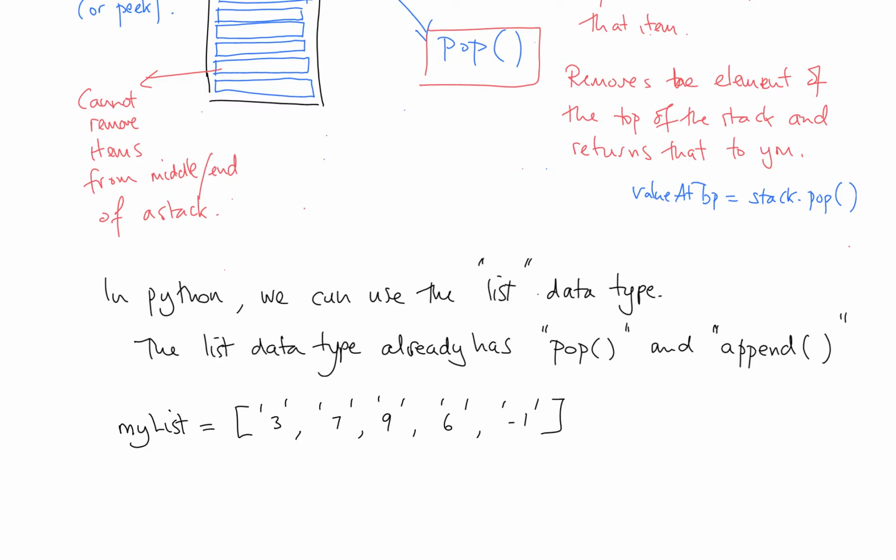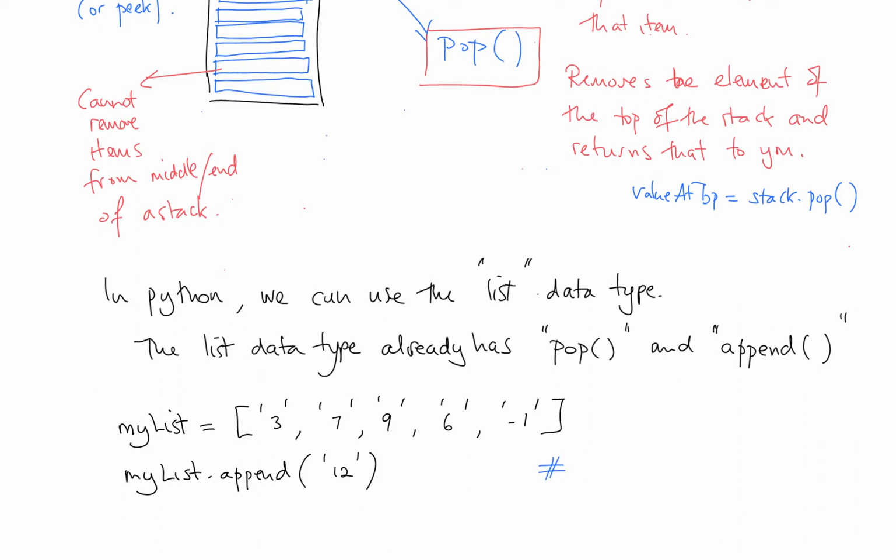Like that. And then I said myList dot append, and I append, let's say, the string 12 on top of that. Then the myList would obviously look like this then.